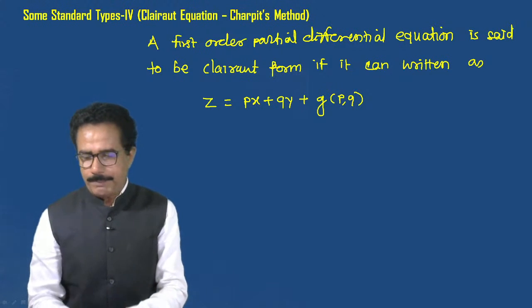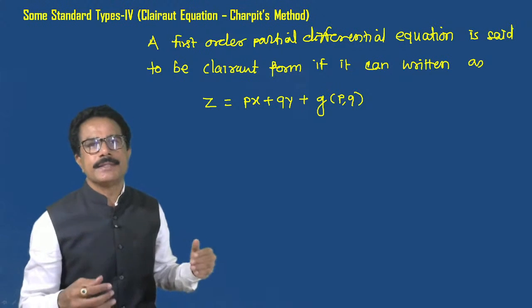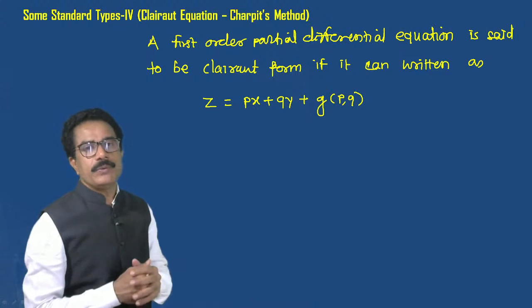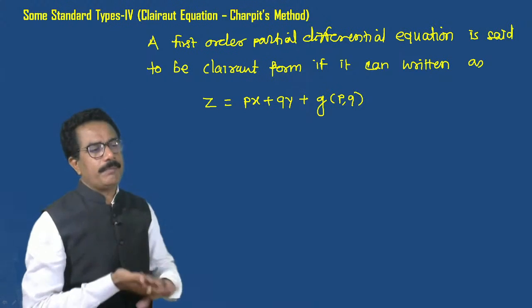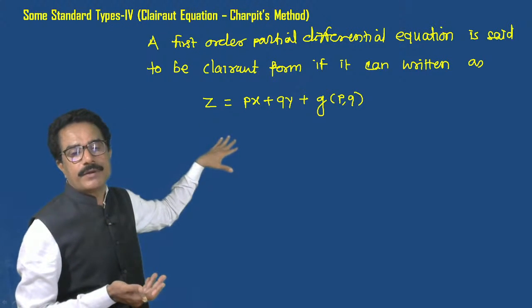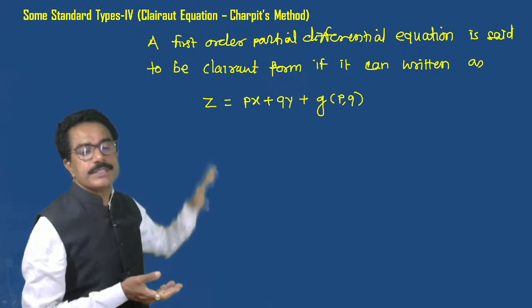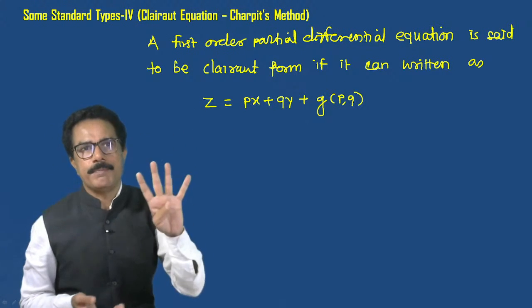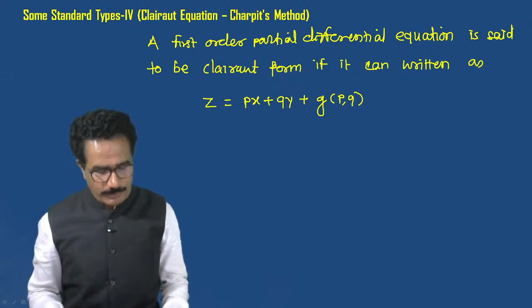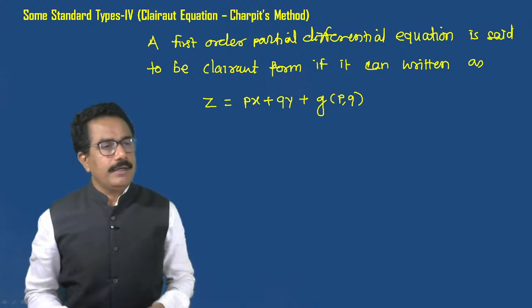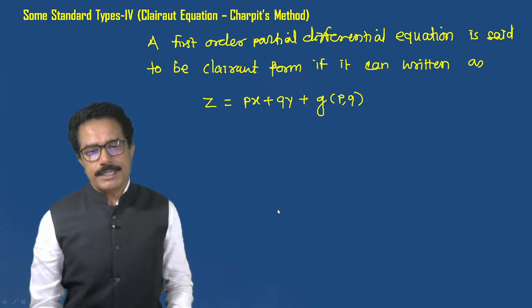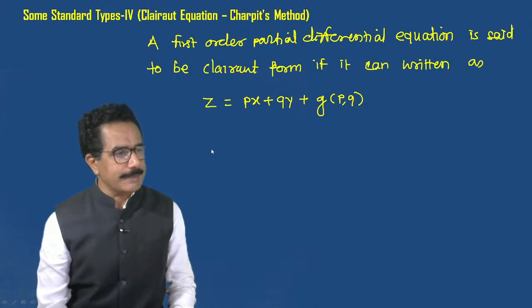A function of p and q means a combination of p and q. So this equation is called a Clairaut equation, or this form is called a Clairaut form. This is the standard form type 4 which is obtained from Charpit's method. Now how to solve these equations?